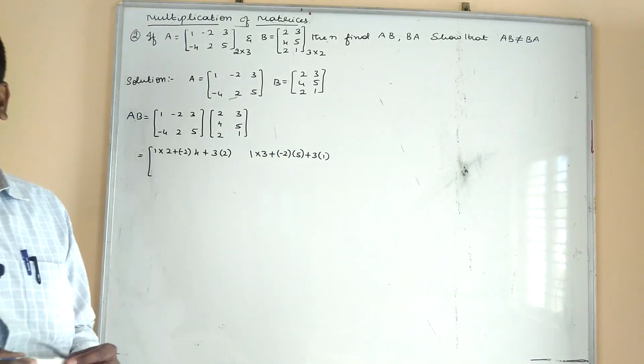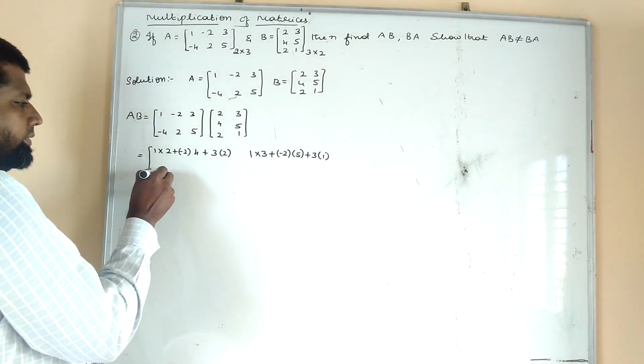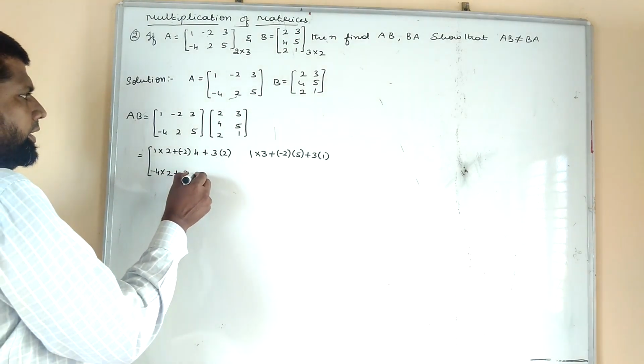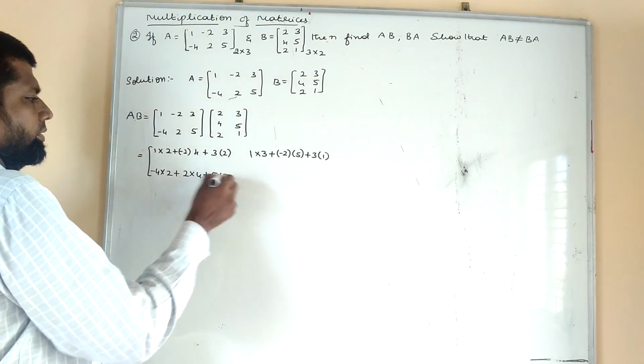Let us go for the second row. First column: minus 4 into 2 plus 2 into 4 plus 5 into 2.